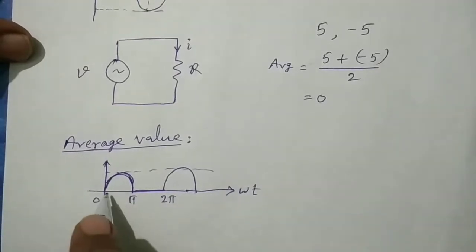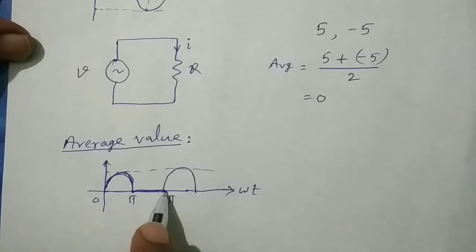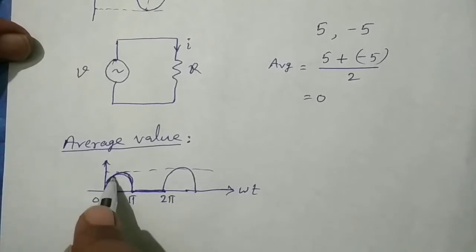But we can see that the pattern of the waveform from 0 to pi is not identical to the pattern from pi to 2 pi, because from pi to 2 pi the value is 0. This type of waveform is considered an unsymmetrical waveform.